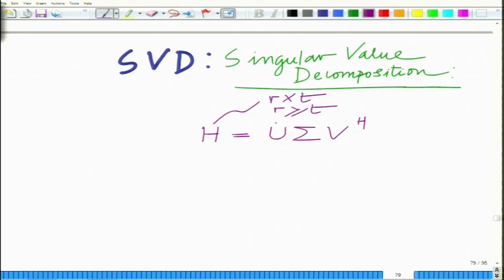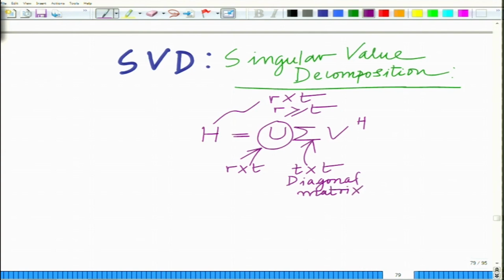The matrix U is an R cross T matrix. Sigma is a T cross T diagonal matrix. And V Hermitian is again a T cross T matrix.